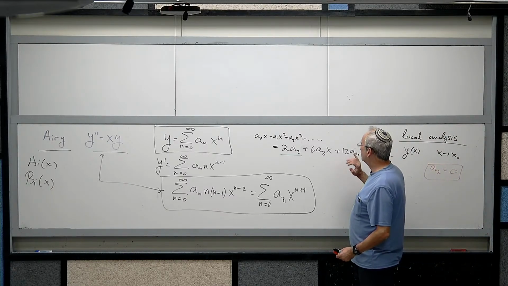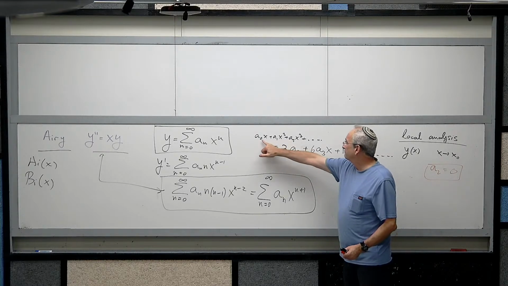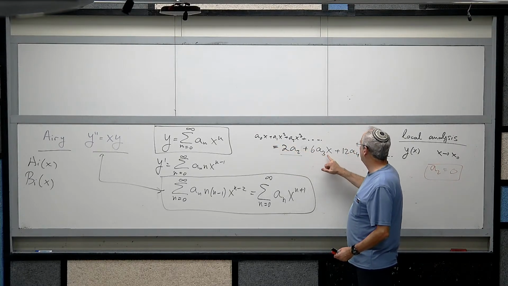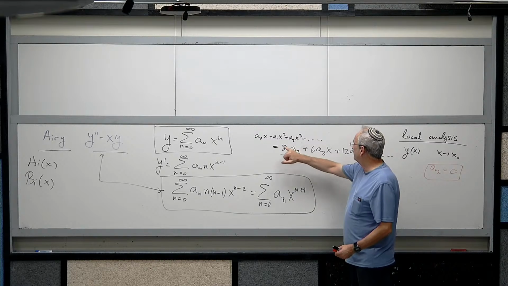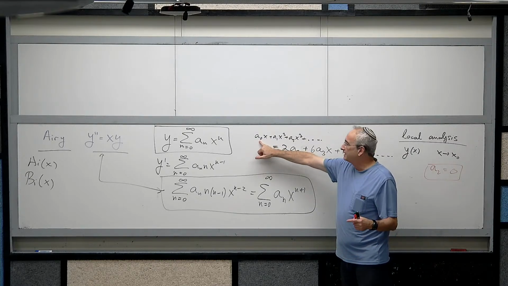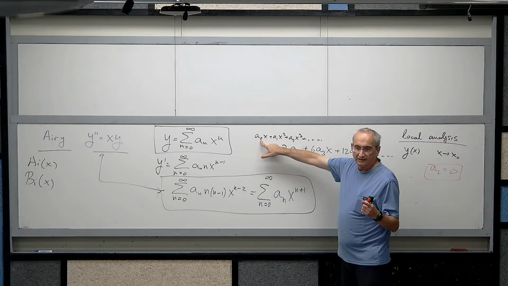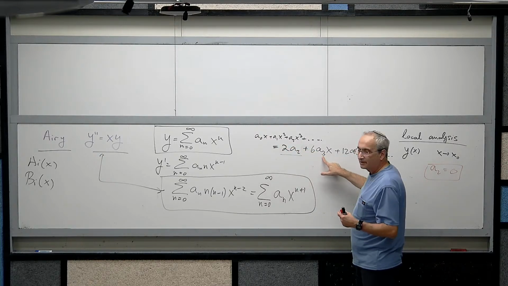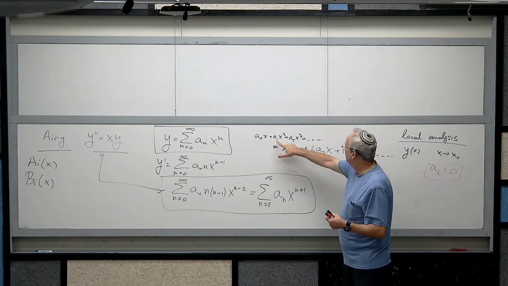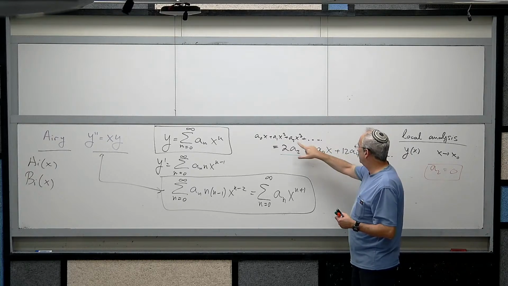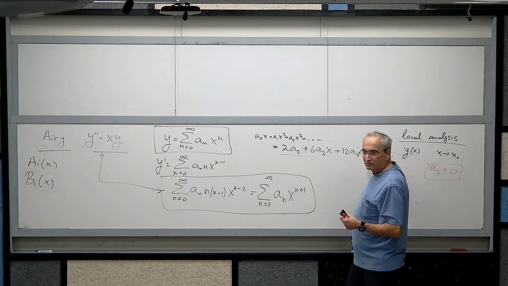Second, you can see that every term here and every term here involve a change of 3 in the index of a. So a0 is talking to a3, a1 is talking to a4, a2 is talking to a5, right?